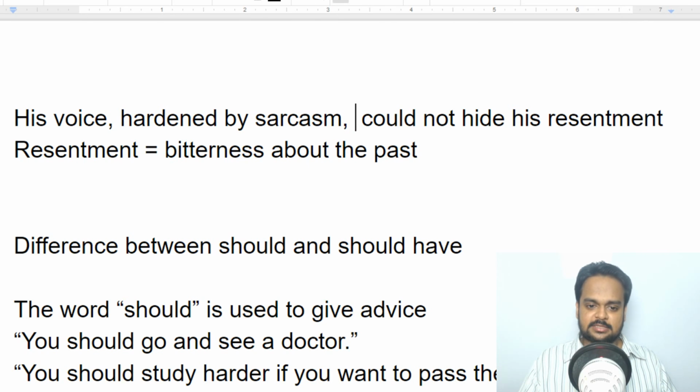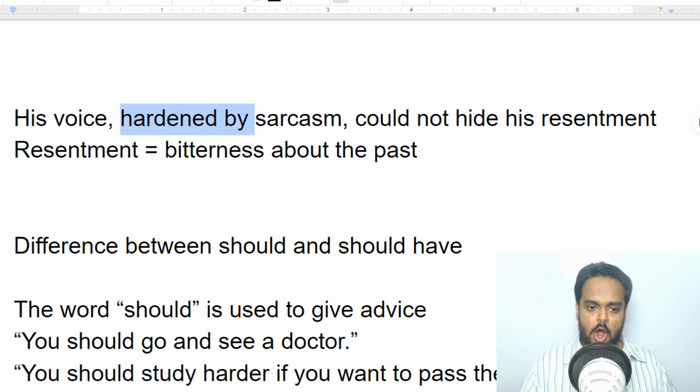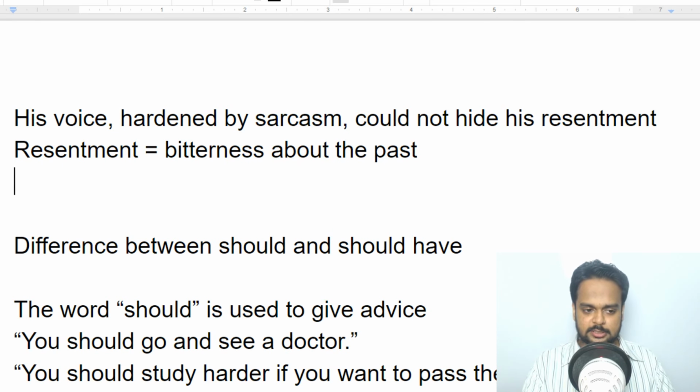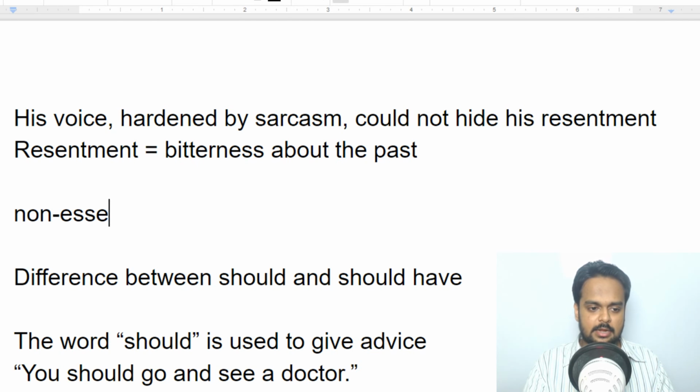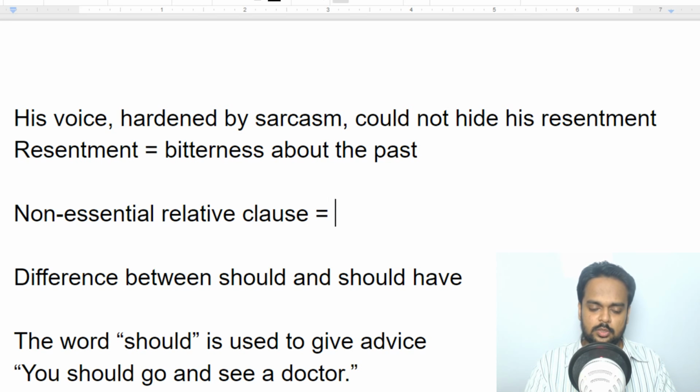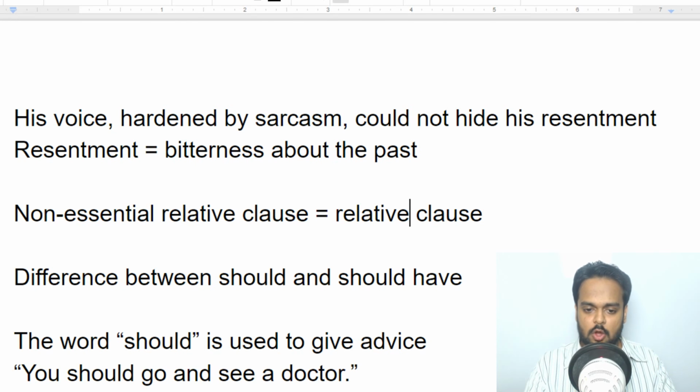Now the sentence has this part in the middle of it, hardened by sarcasm. This is actually a relative clause. And it is a non-essential relative clause. I don't want to get overly technical. Let me quickly explain that point for you. It is a non-essential relative clause, which can also be called an adjective clause.